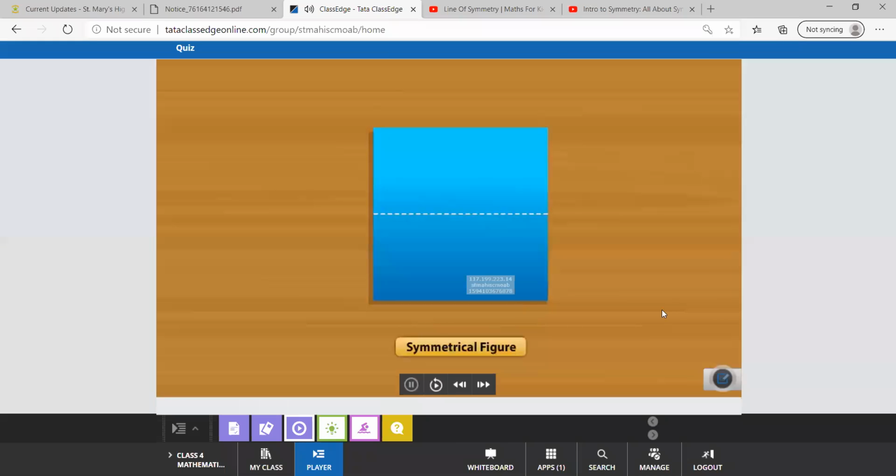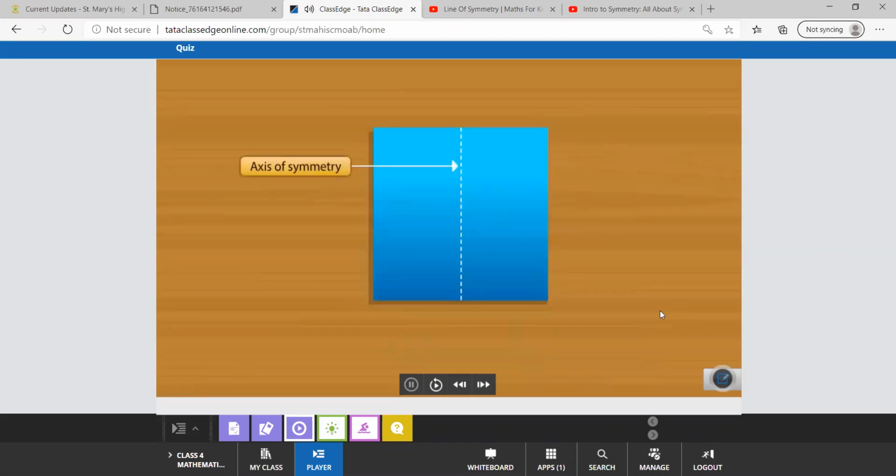The dotted line is thus an axis of symmetry for the square. Look, even this vertical dotted line is an axis of symmetry for the square. Well, do you think the square has any more axes of symmetry?